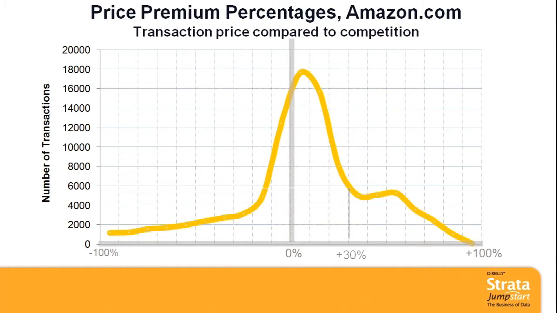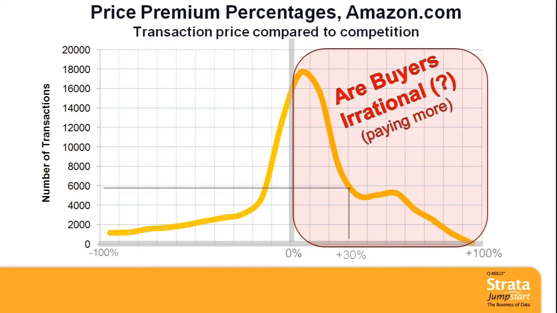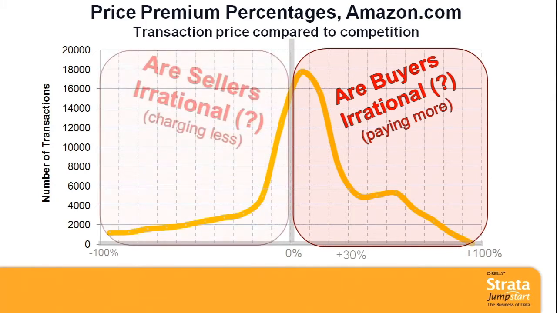So looking at that, people are saying, well, why does this thing happen? Are buyers irrational? Why do they want to pay more compared to the others? But honestly, even the other side of the chart also is strange. Why would anyone, as a seller, charge so much less compared to the competition in order to sell a product?